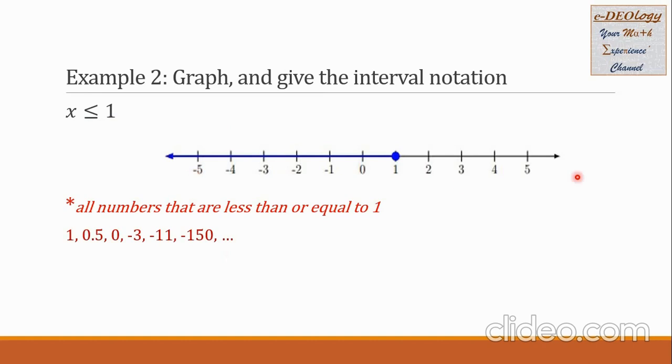So on the number line, first let us locate the reference number, and that is the 1. The number 1 is here, and all numbers that are less than 1 are those numbers that are going to the left side. So we draw a blue arrow here going to the left side, and this is going to -infinity.